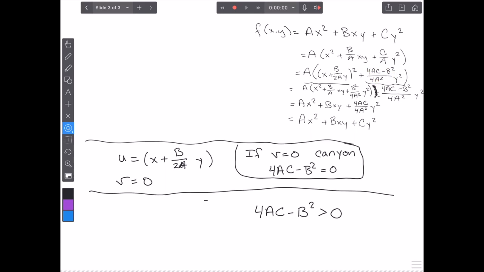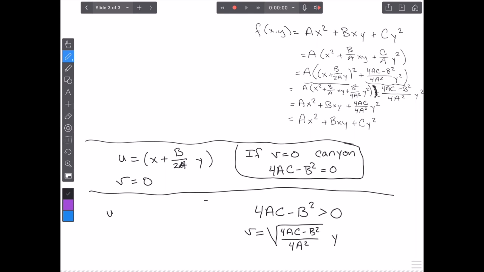And so in that case, we're going to have v equal to the square root of that big mess. So v would be equal to the square root of 4ac minus b squared over 4a squared, and all of that times y.